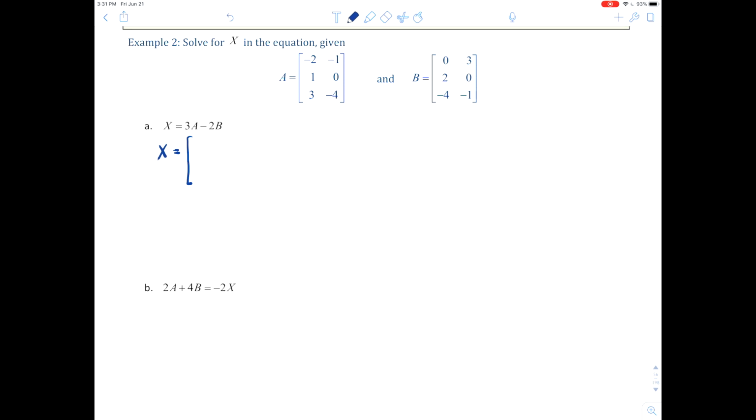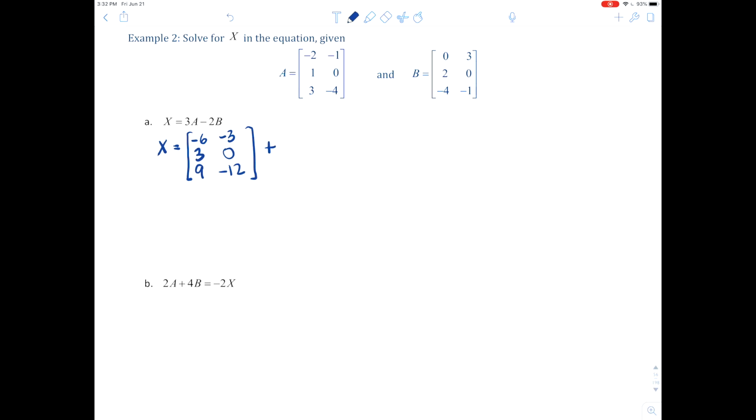So 3 times A would give me -6, -3, 3, 0, 9, -12. Then I'll bring a -2 in here. -2 times 0 is 0, -2 times 3 is -6. Then we'll get -4, 0, +8, +2.